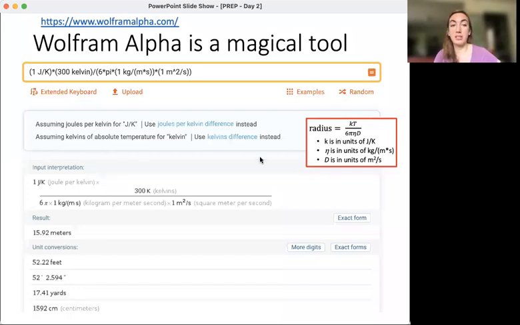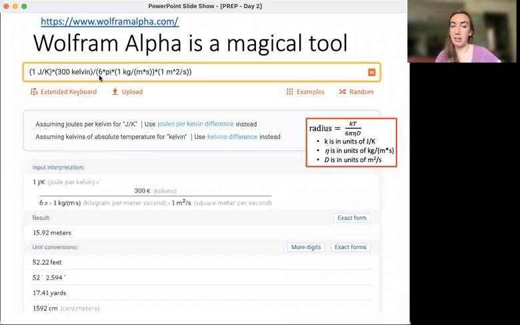So what I can do is just type out this equation, and I'm typing out the right-hand side, and I'm just making up numbers, but I'm putting them in the right units. And so for K, I'm putting in 1 joule per Kelvin. For the temperature, I'm just putting in some temperature in units of Kelvin.